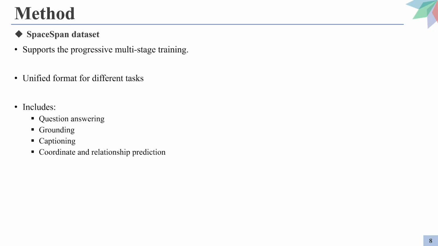The dataset includes ordinary question answering, visual grounding, dense captioning, object referencing, coordinate prediction, and object-to-object spatial relationship questions. The authors argue that this unified dataset is important because existing 3D vision language training datasets are limited and highly fragmented across different tasks.